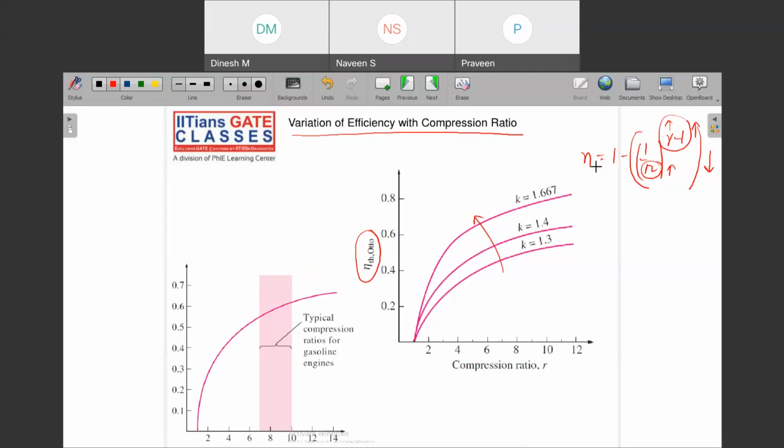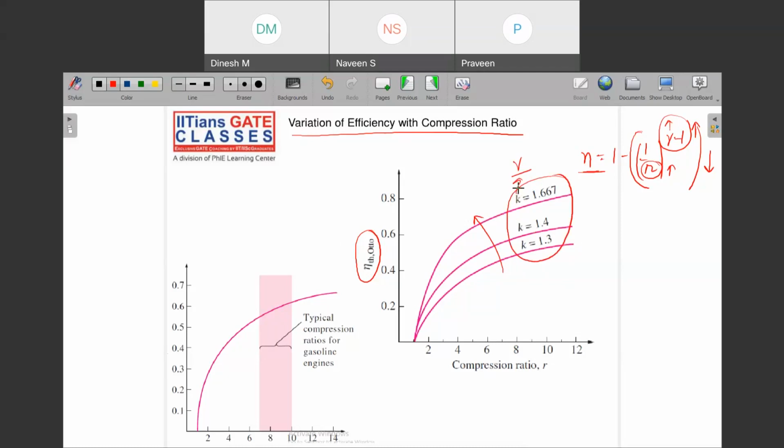Then your efficiency will increase. So can you see that with the increase in gamma value, your efficiency is increasing? This K denotes gamma only.